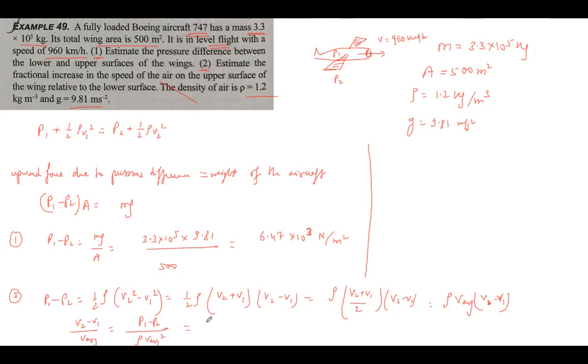So we'll put the values. P1 minus P2 we have already calculated: 6.47 into 10 to the power 3. Density is 1.2 and V average we already know is 960 kilometer per hour. This can be converted into meter per second. So 960 into 5 by 18, sorry. So we have 266.67 meter per second.